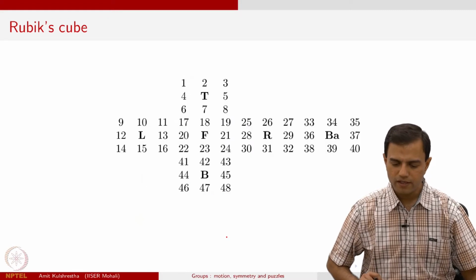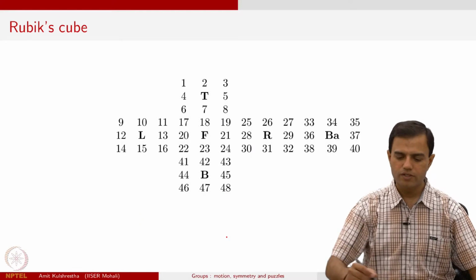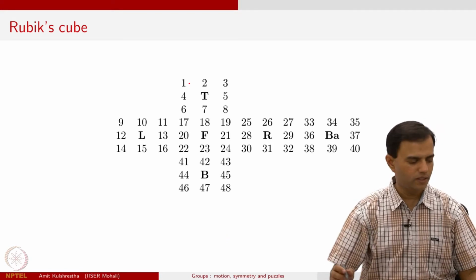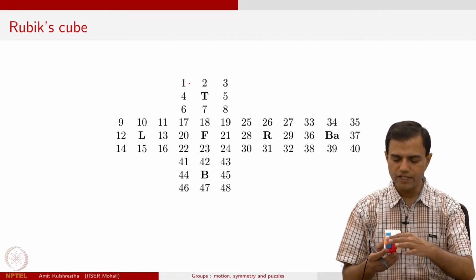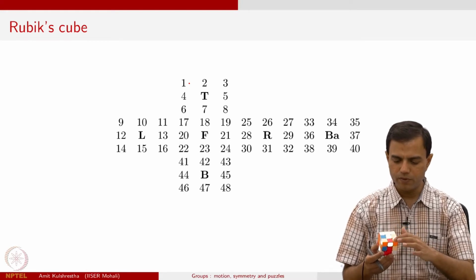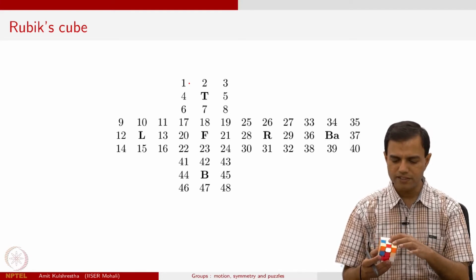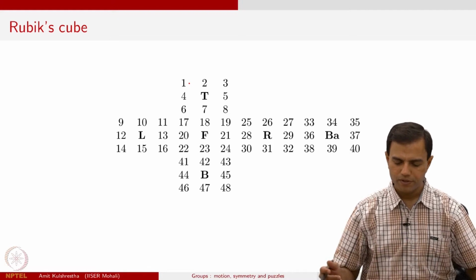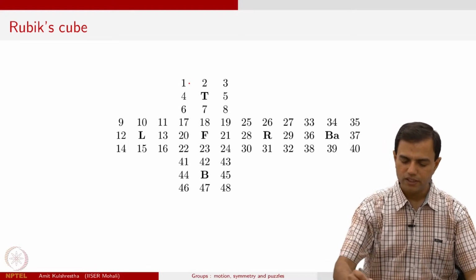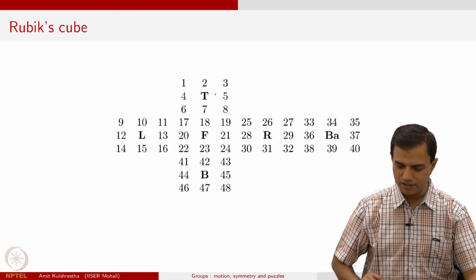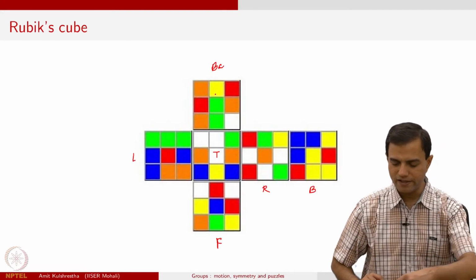So for that I am going to present the solved cube in this fashion. I am going to name all the small portions, all the small squares or tiles on the periphery, on the edge, and T stands for top. So I am just opening it like this. The way I had put the nomenclature in the earlier slide is slightly different.